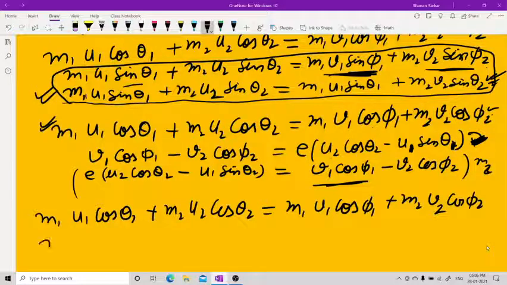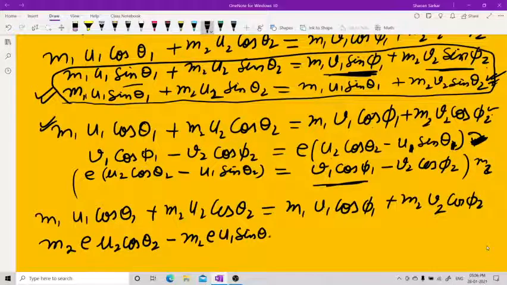What will happen? Let's open the brackets. Fully open the brackets now. Now you have m2 e u2 cos theta 2 minus m2 e u1 sin theta 2 is equal to m2 v1 cos phi 1 minus m2 v2 cos phi 2.